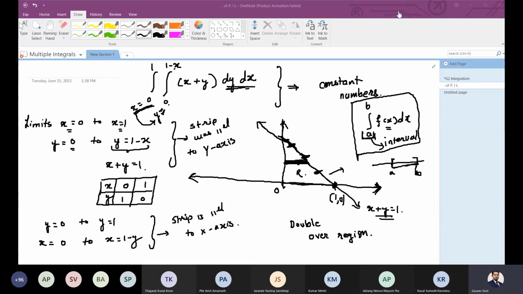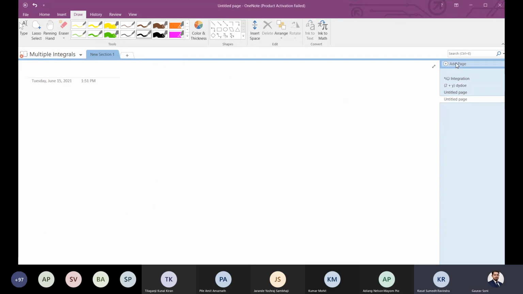But now in this example, if you combine these two limits x and y, what we see in the diagram is my region over which I am integrating. So this is a region in R2. This is not an interval, right? Yes, sir. It is done over two variables, right? Yes. Thank you.